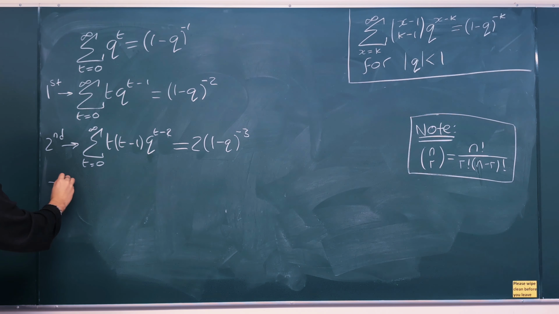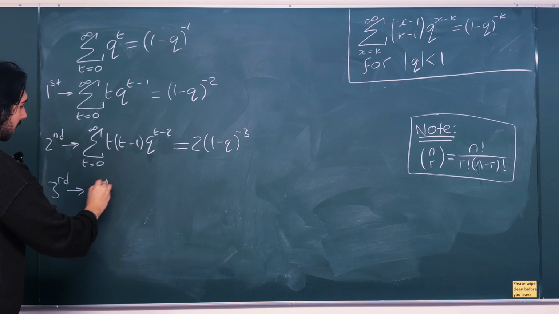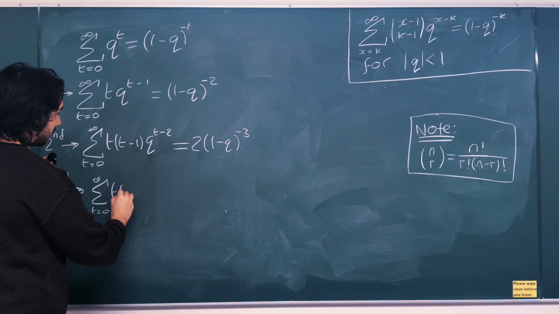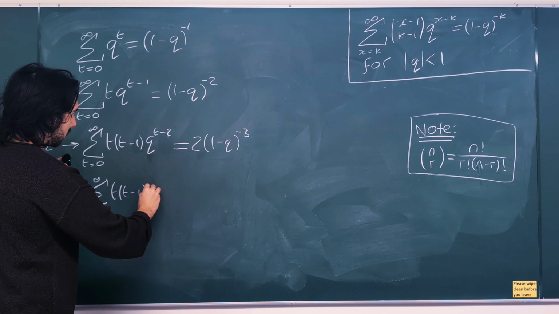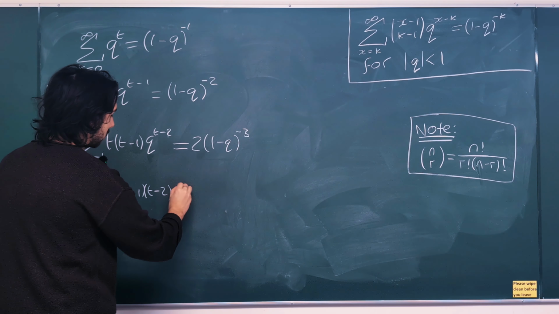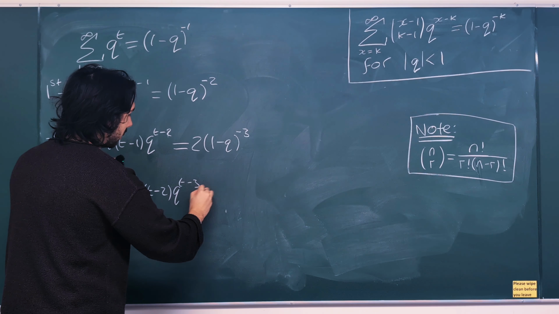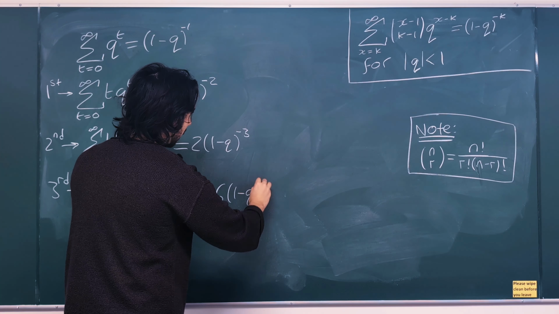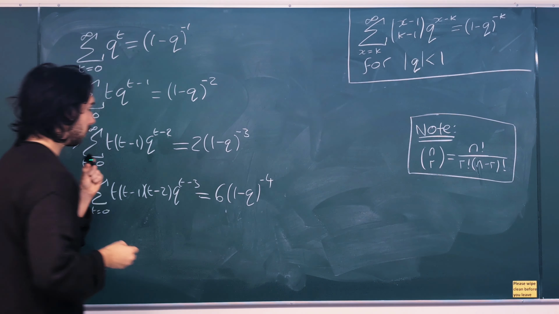Let's just take one more derivative to see what happens in this pattern. So I've got the sum from t equals 0 to infinity of t times t minus 1 times t minus 2 times q to the power of t minus 3 is equal to, this is going to be 6 times 1 minus q to the power of minus 4, okay?